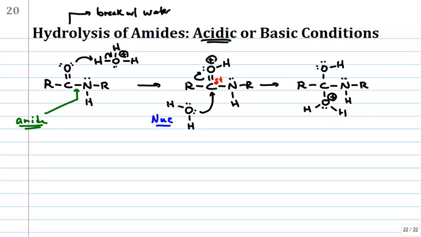Well, we need to use water again to act as a base, which is perfectly fine. You just need to know when it's acting as a nucleophile and when it's acting as a base. Well, it's acting as a base when it pulls off a proton. Guess what we are doing? We are pulling off a proton. All right. So, we can come down here.